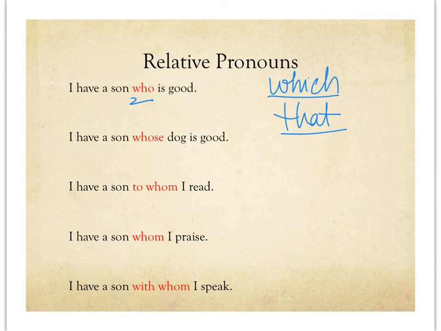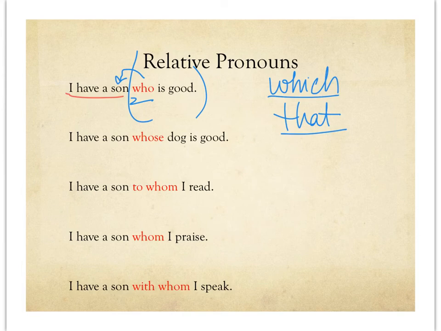So, for example, you can see in the first sentence, I have a son who is good. So the who is referring back to the son. And this is really my main sentence: I have a son. And then this clause, who is good, is really just giving more information about the son.